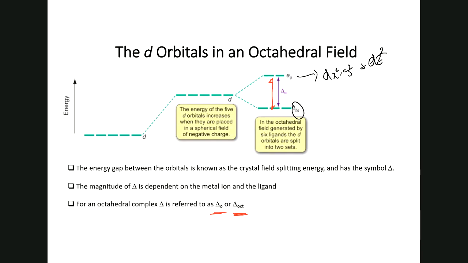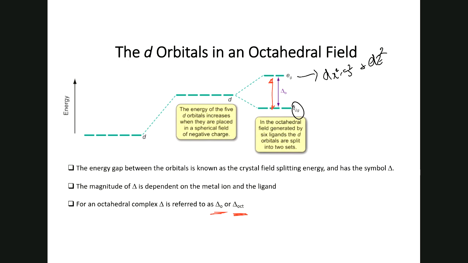Hi, Miss. I wanted to know why the d orbitals that become low in energy after the octahedral splitting are lower than they were initially, instead of just lower than the ones that are directly in contact with the negative point charges? All right, imagine that the ligands are far away and there's no geometry, and the charge is equally distributed. Then all the d orbitals rise in energy, as shown in the second platform.